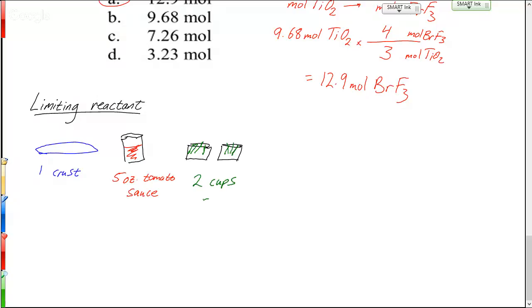Sorry, my cheese is green. Didn't have yellow. It's a weird pizza. It's fine. So if you have 1 crust, 5 ounces tomato sauce, and 2 cups of cheese, you can make 1 pizza.